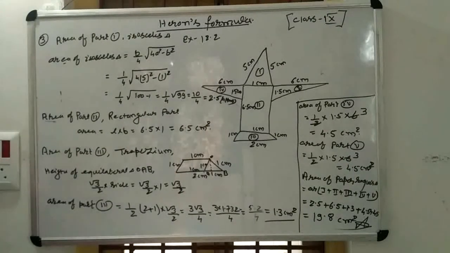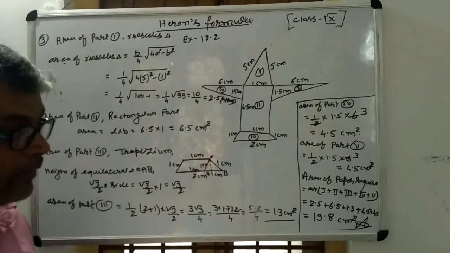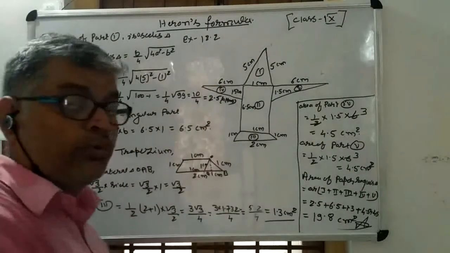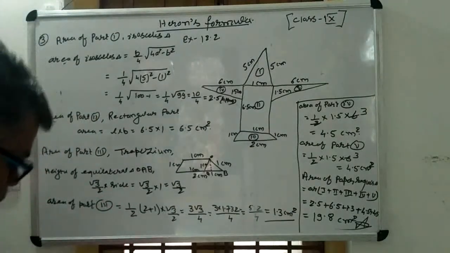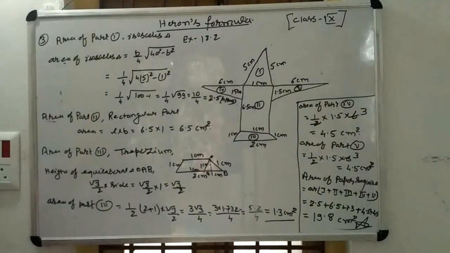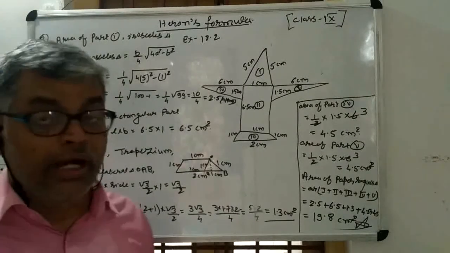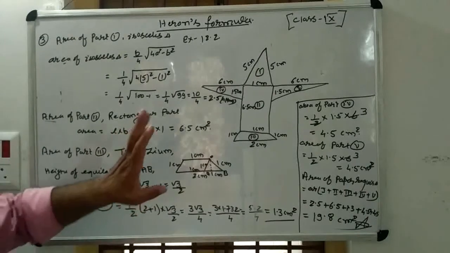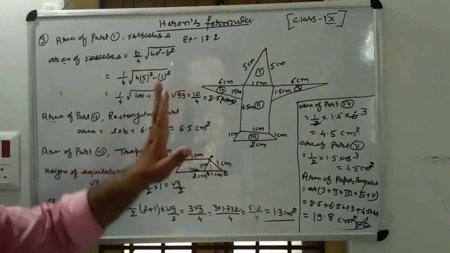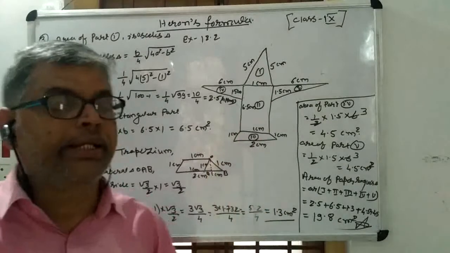Now children, this is a little lengthy question, so I prefer you to solve it this way: first draw the figure and divide the whole part into 5 different parts, and after that calculate the area of each part separately.